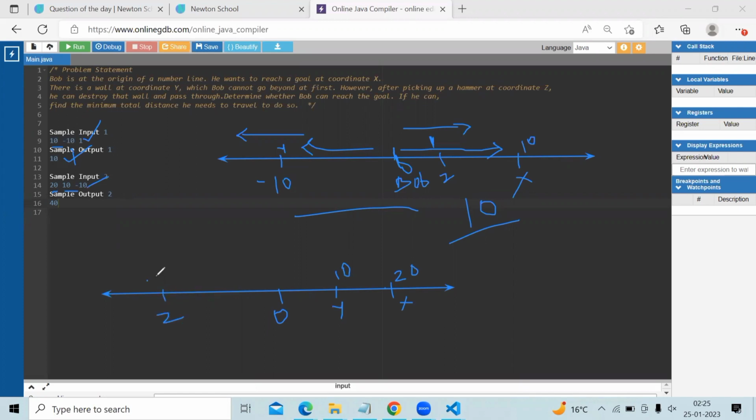This is z, minus 10. So in this sample input you can see that between the goal and Bob there is a wall present. So directly, Bob cannot reach the goal in this sample input. To reach the goal, Bob needs to destroy this wall.